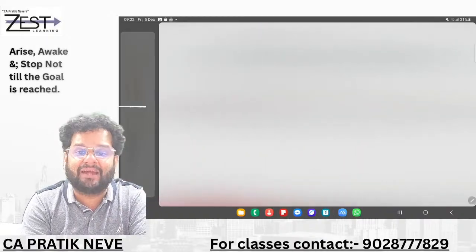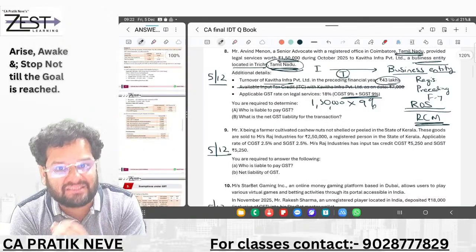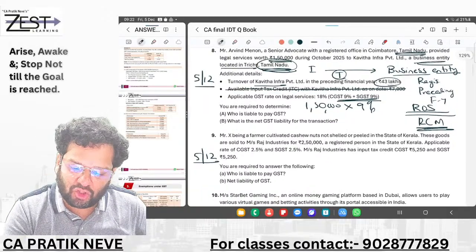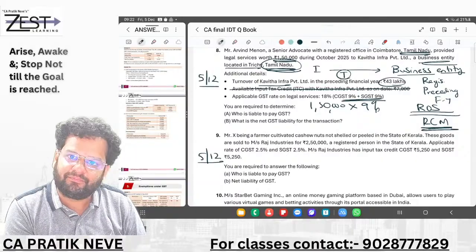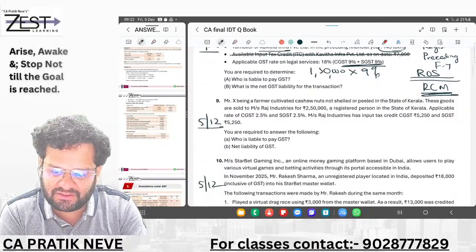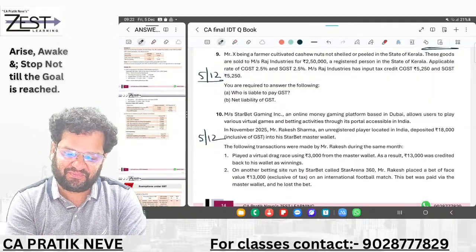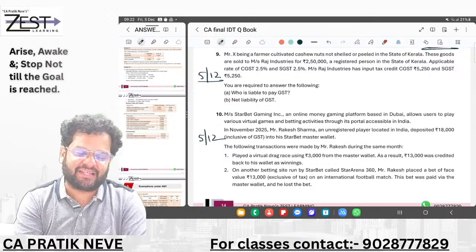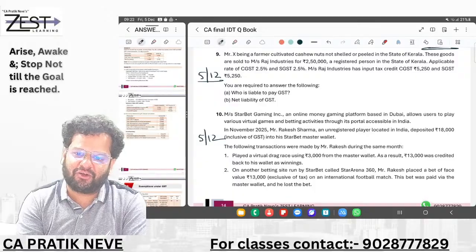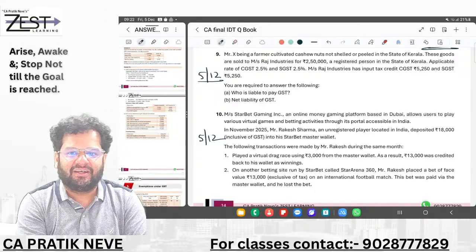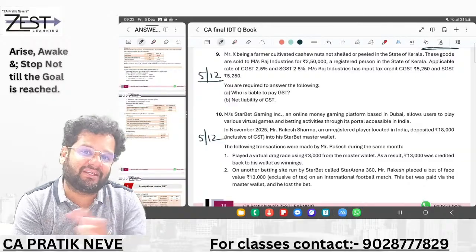And don't use ITC. Whenever I'm liable to pay GST on RCM basis, it is not an output tax. It is a tax on inward supply. So yes, pay on RCM basis, pay in cash. Whatever liability I'm paying on RCM basis in cash, that I can avail as ITC, but I cannot use ITC to pay that.